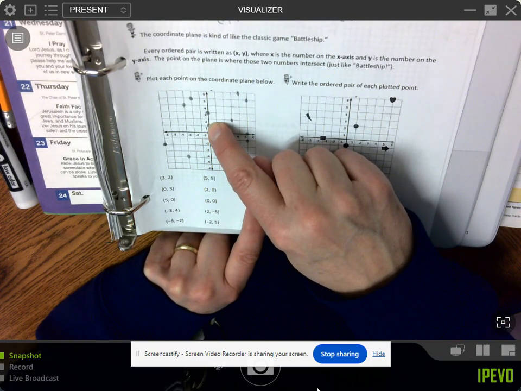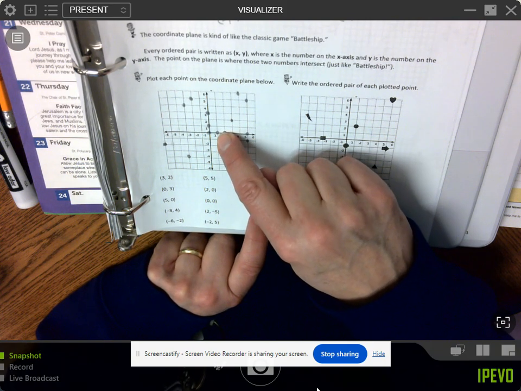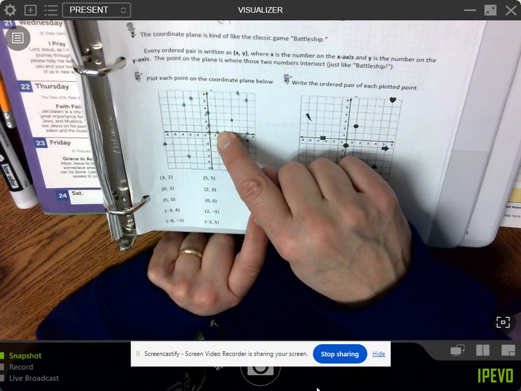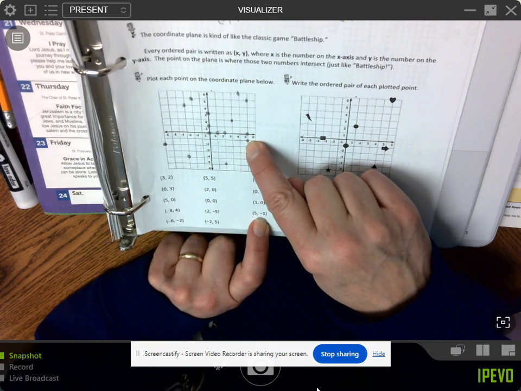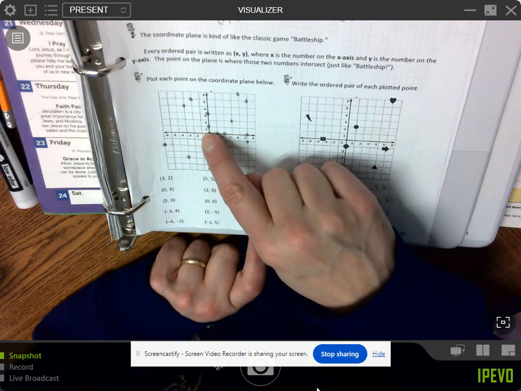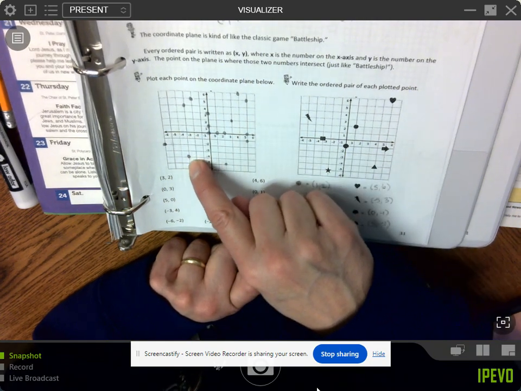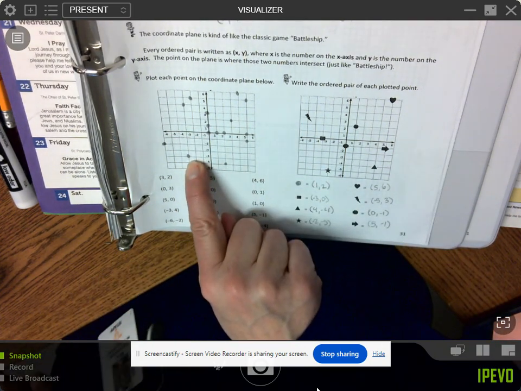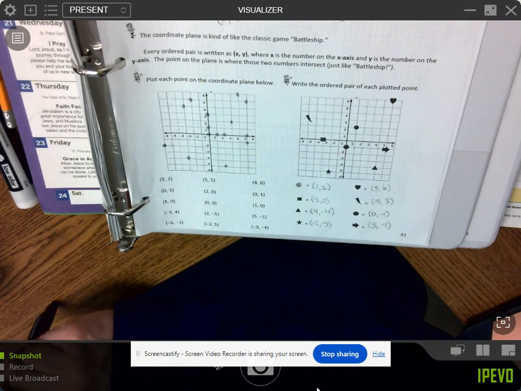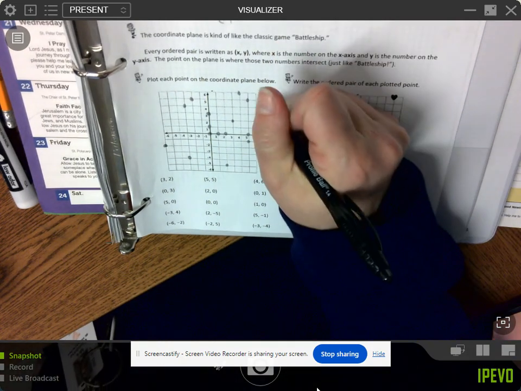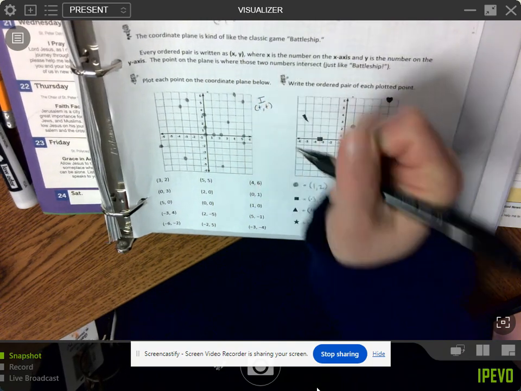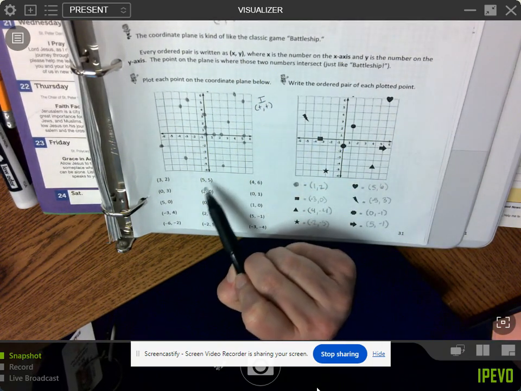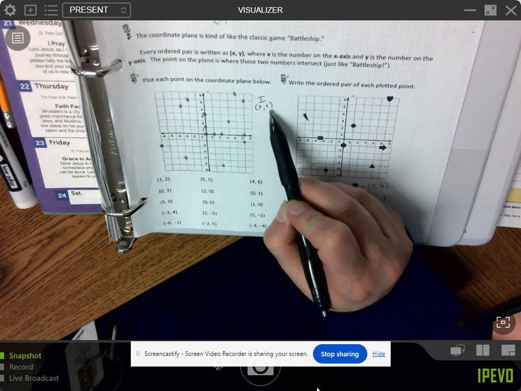(0, 1) is on that y-axis, (1, 0) is on the x-axis, (5, -1) is down here, and (-3, -4) is down here. So remember, in quadrant 1, both parts of our ordered pairs have to be positive.